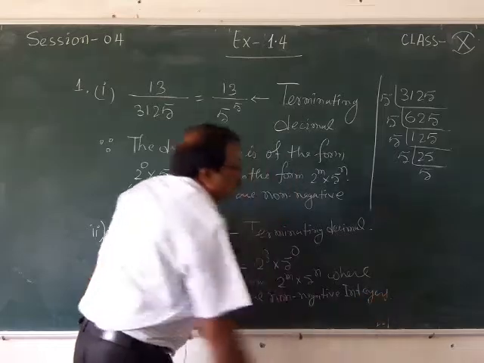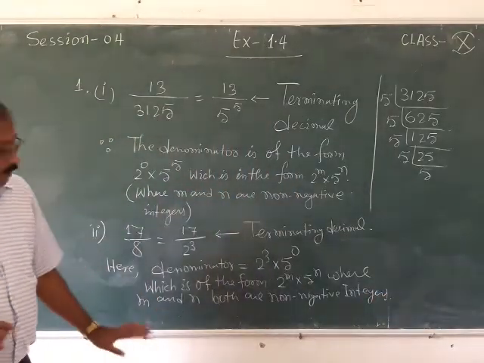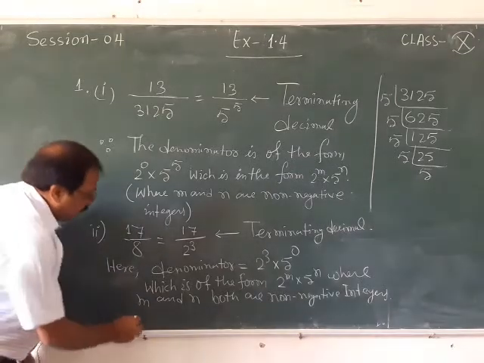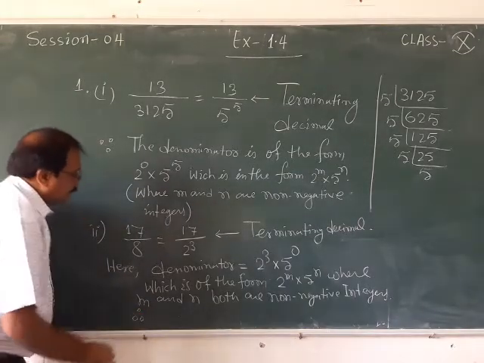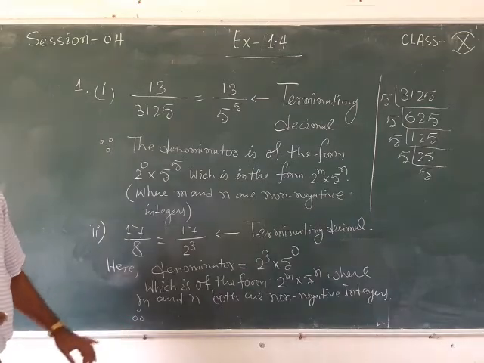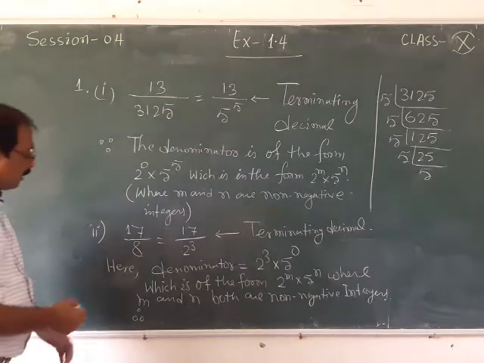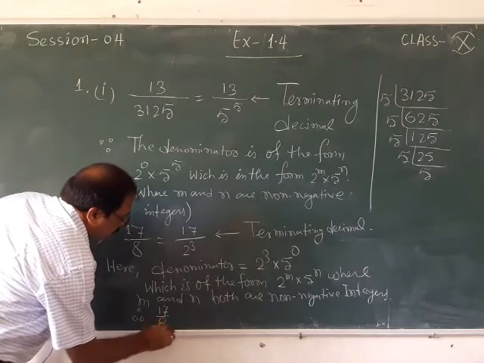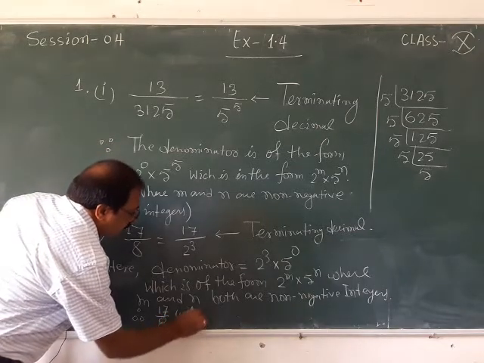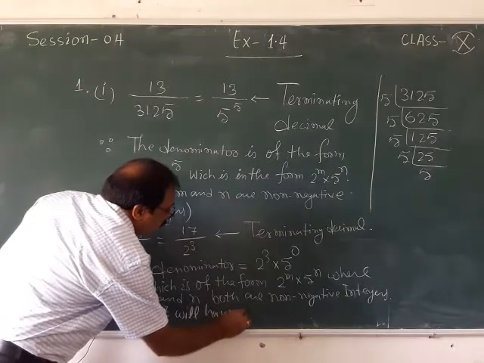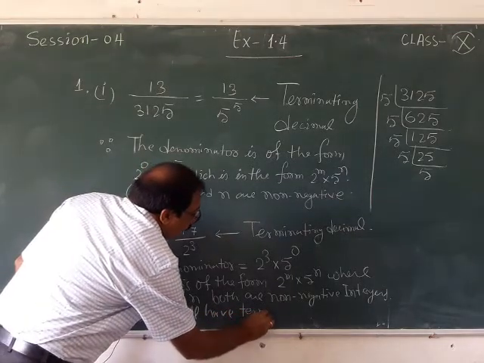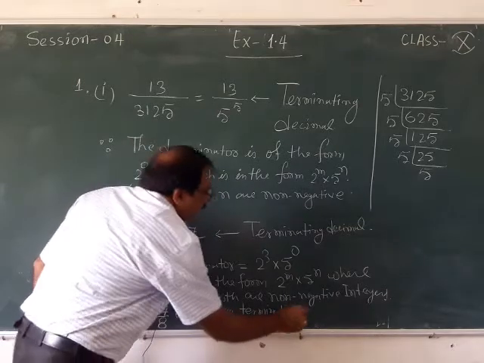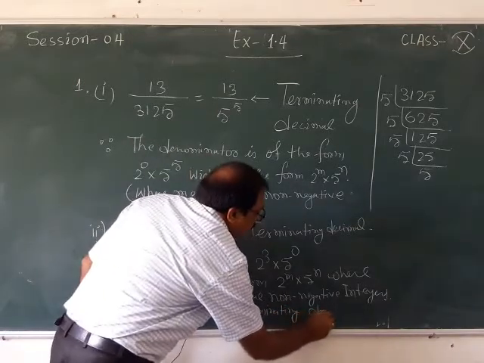Therefore, the given number is a terminating decimal. The 17/8 will have a terminating decimal expansion.